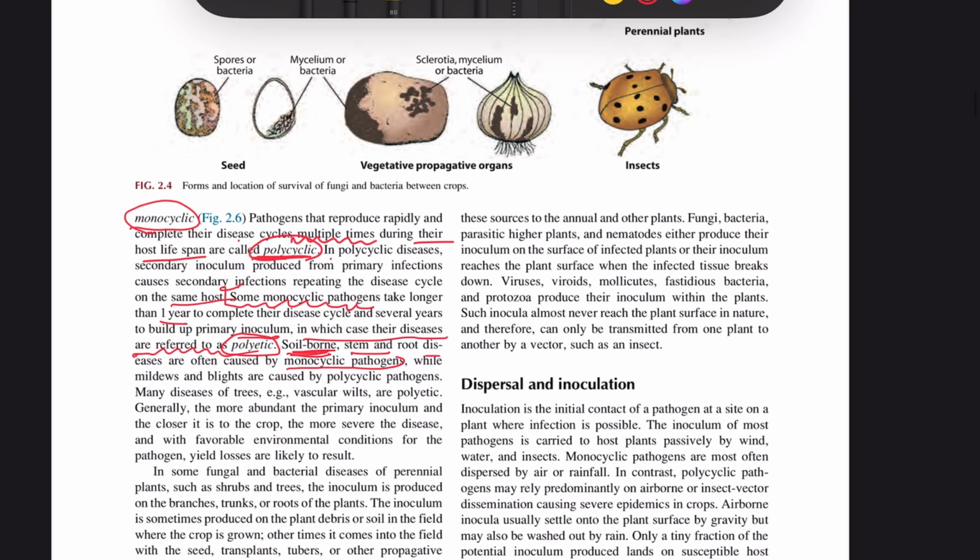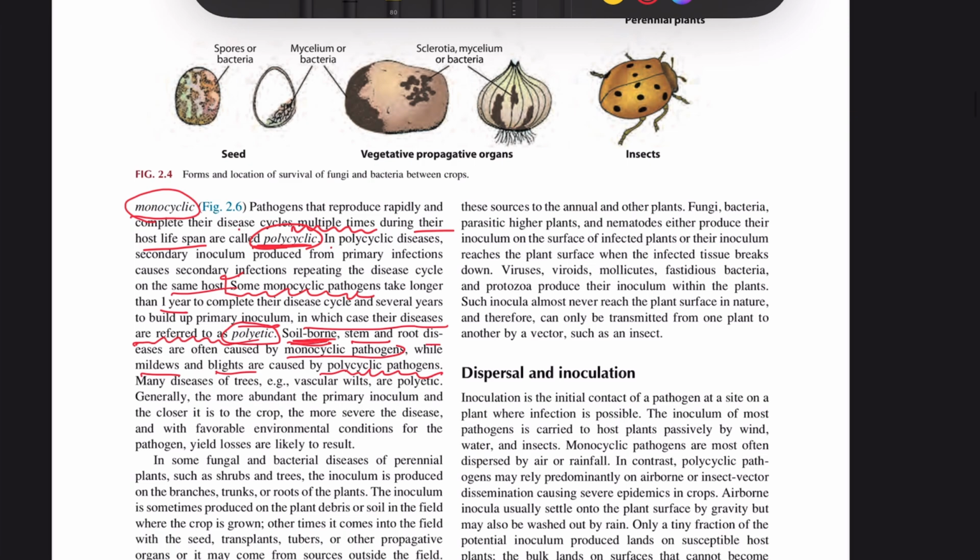While mildews and blights are all polycyclic diseases. Many diseases of trees, like vascular wilts, come under polyetic diseases, which means they are basically monocyclic, but they require more than 1 year to complete their life cycle. So learn the difference between monocyclic, polycyclic, and polyetic diseases.